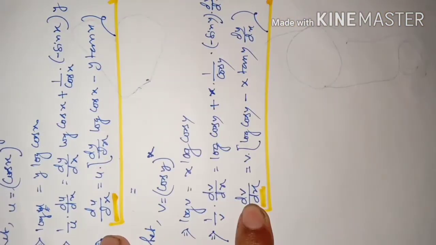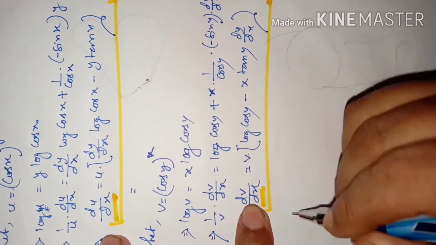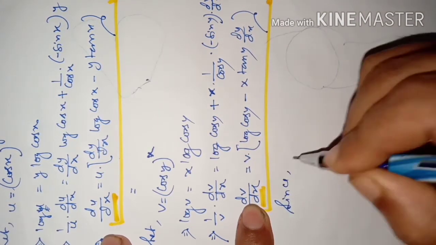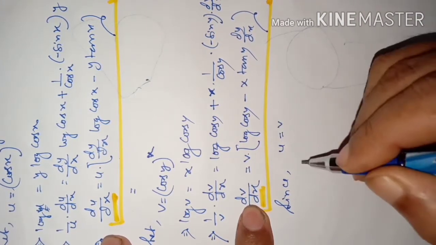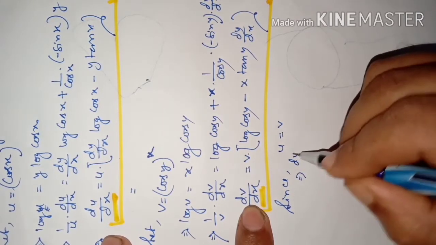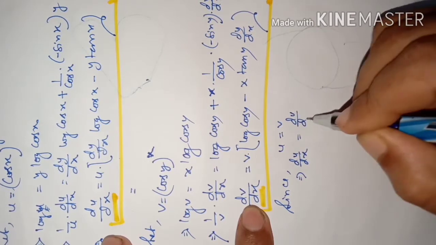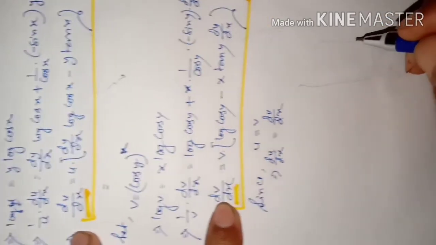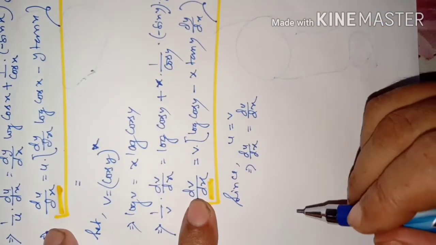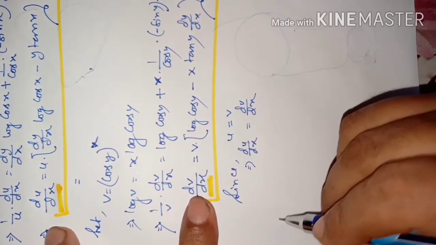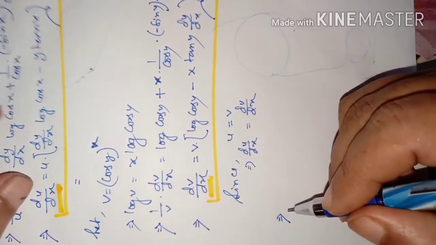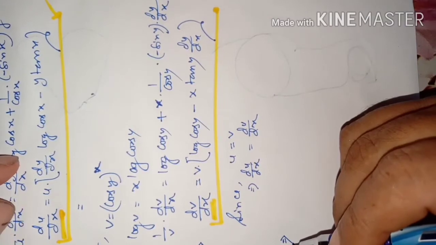So what you can write now? Since u is equal to v, therefore du by dx is equal to dv by dx. du by dx you put in left hand side and dv by dx in right hand side. In the left hand side, what is the expression for du by dx?